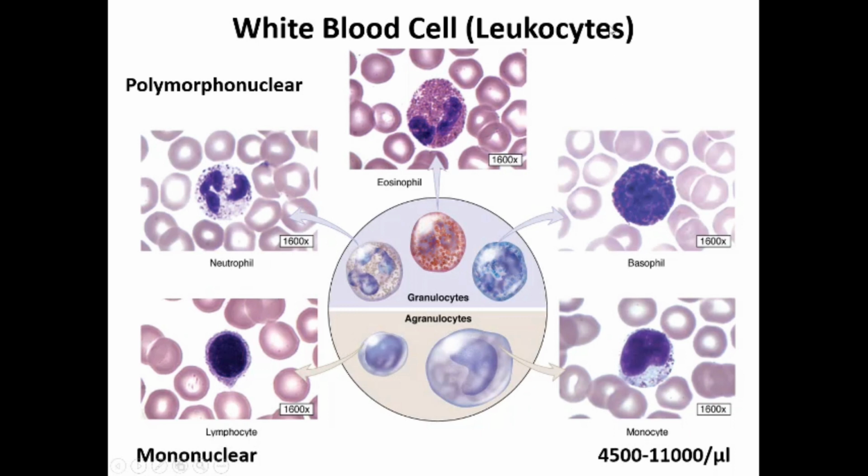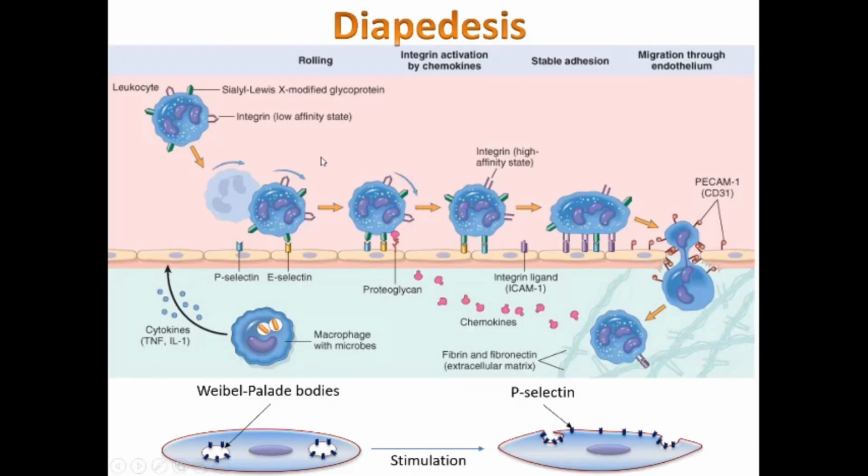The number of leukocytes in our blood is about 4,500 to 11,000 per microliter. The leukocytes, unlike the RBCs, do their function outside of the vasculature, outside of the blood vessels.